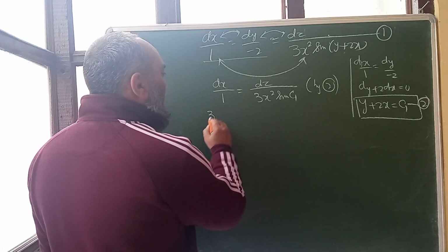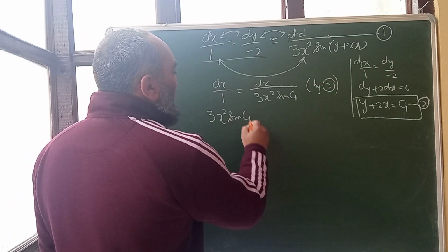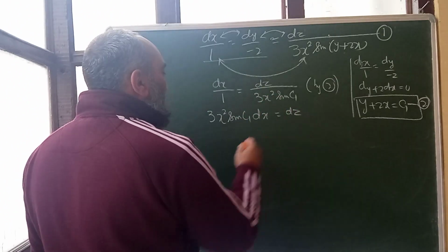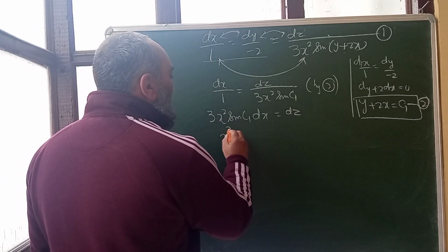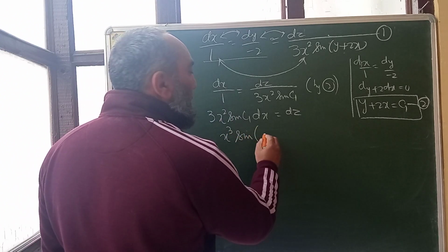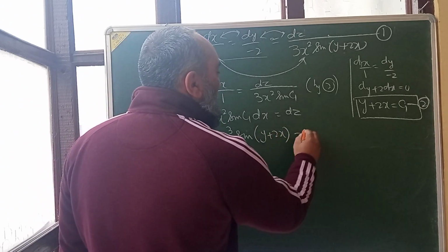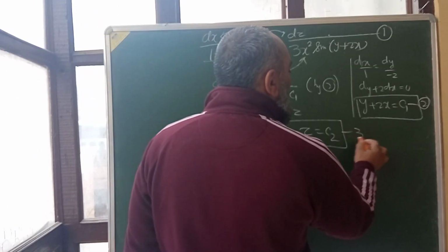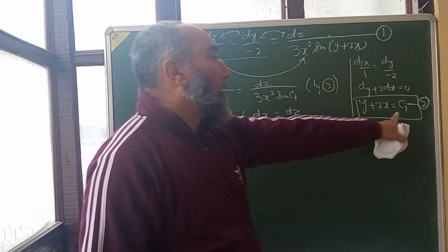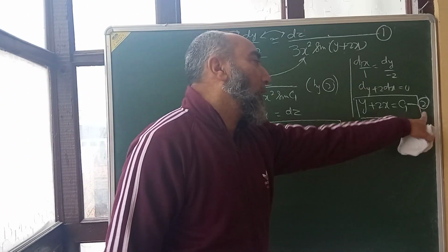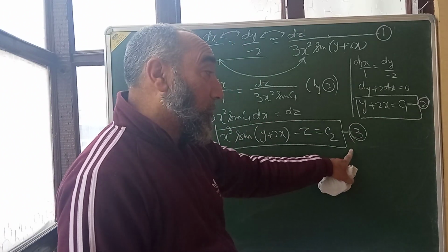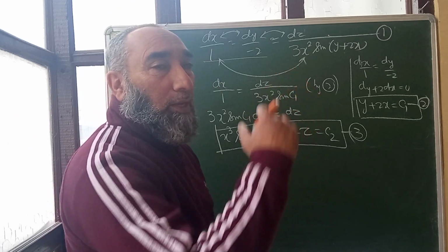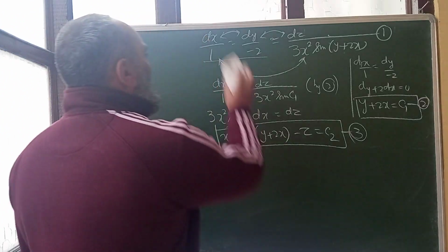So this is 3x square sine c1 dx equal to dz, or integrating, 3x cube by 3 cancels out, x cube sine of c1 which is y plus 2x, minus z equals c2. So if this is 3, I was saying that 2 and 3 together give us the solution. Fine. So this is how we have to use rule 1 and rule 2. Let me take one more question.